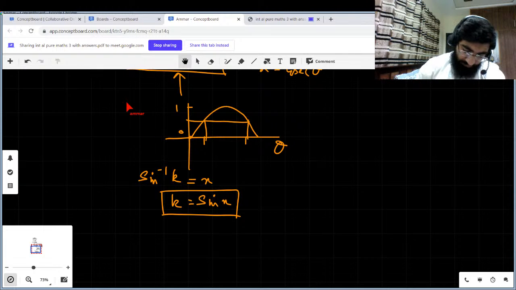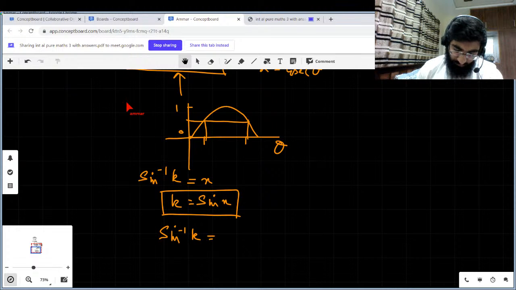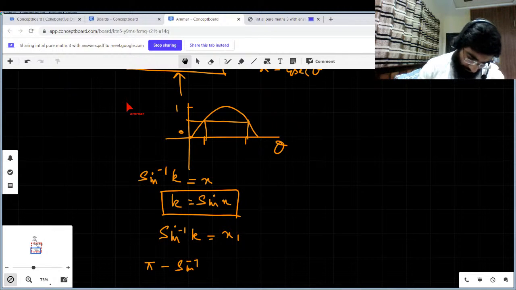To find k is equal to sine x, the first value can be found by doing sine inverse of k. That will give me the first value of x, and the other value of x will be pi minus sine inverse of k.